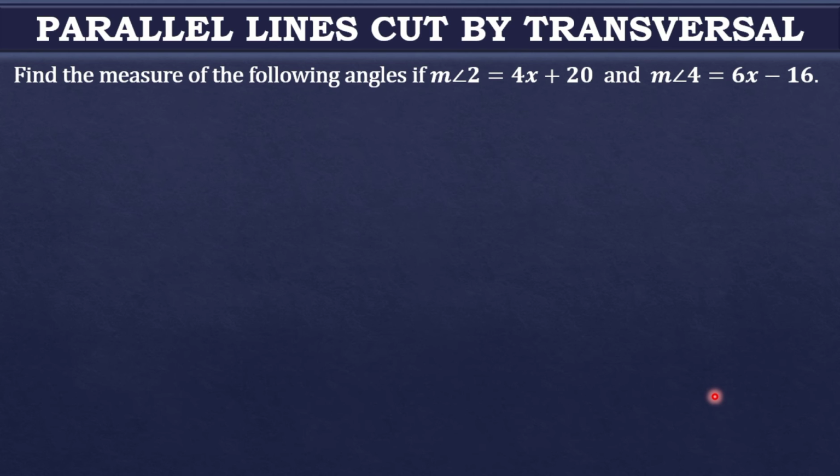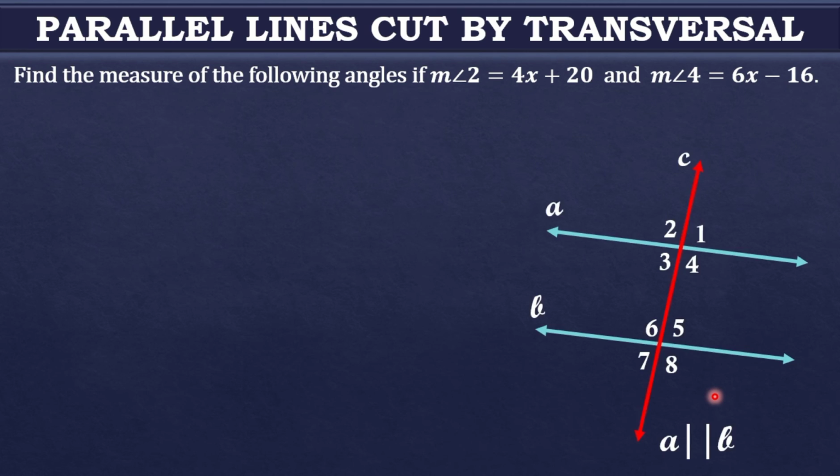Find the measure of the following angles if the measure of angle 2 is equal to 4x plus 20 and the measure of angle 4 is equal to 6x minus 16. So, I have here again line C na kinakat po ang ating parallel lines na A and B. So, ano po ang relationship ni 2 at ni angle 4?